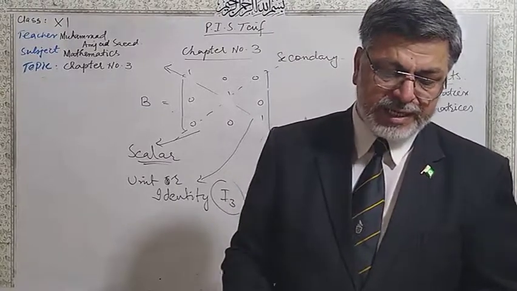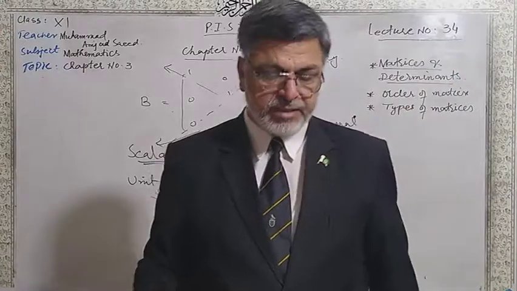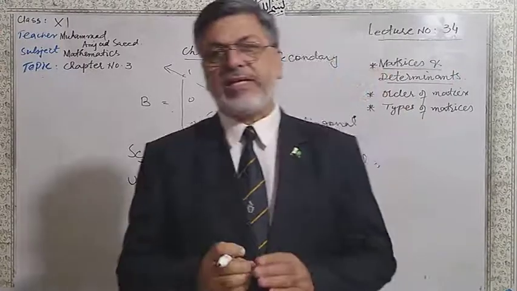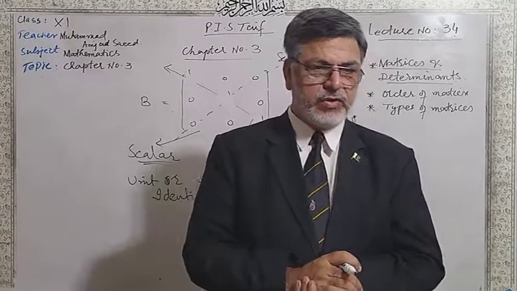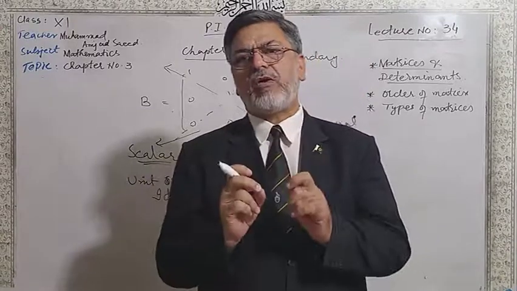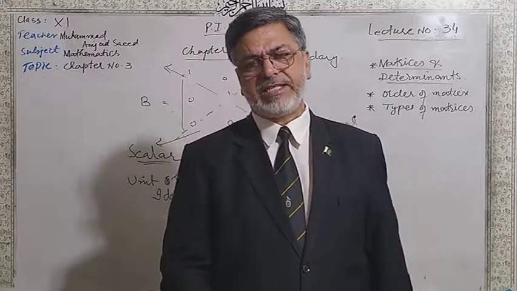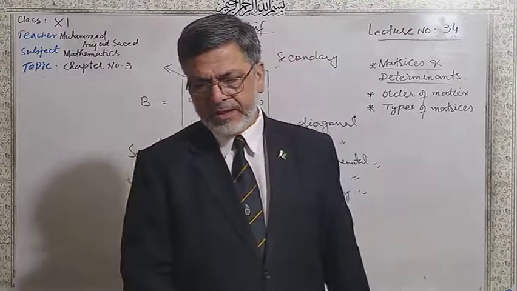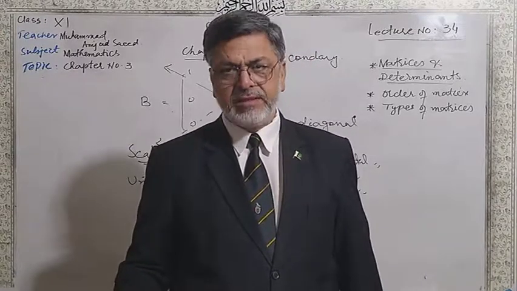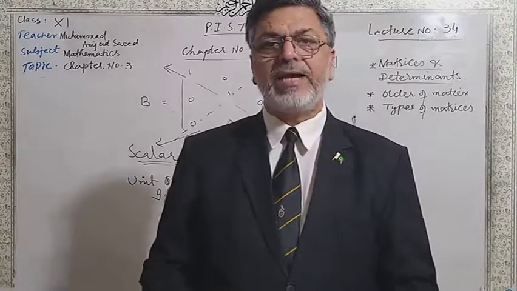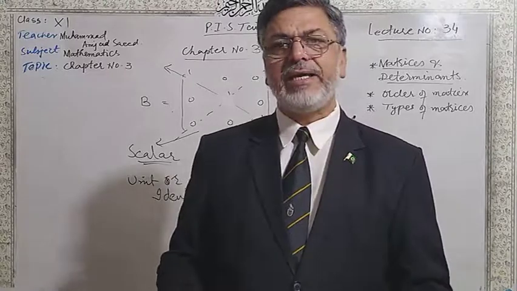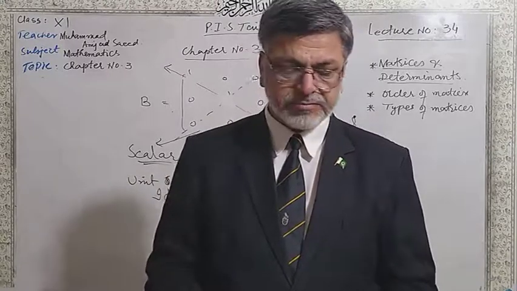Dear students, in case of addition and subtraction of matrices, you must have the same order of the two matrices. If you have the same order of two matrices, then you can add them, you can subtract them.